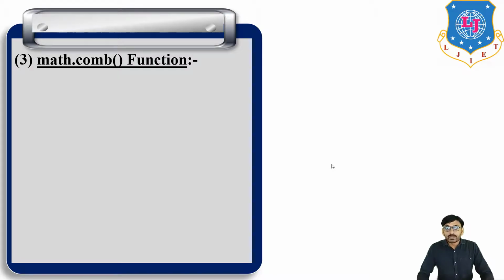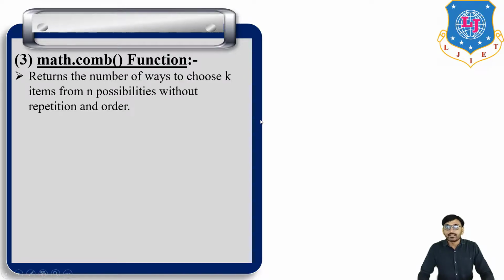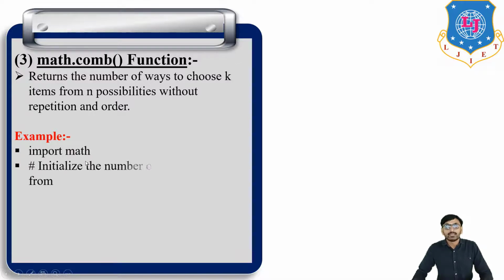So next one, comb function. It returns the number of ways to choose k items from n possibilities without repetition and order. For example, import math, then initialize the number of items to choose from. It is initialized by n.